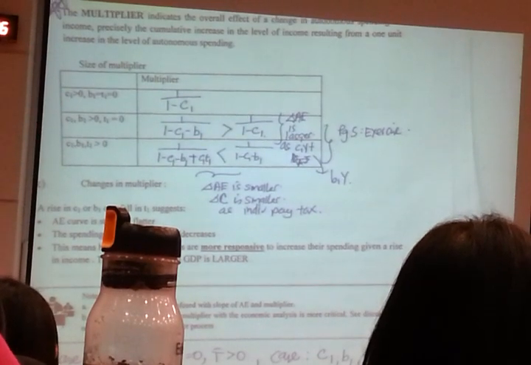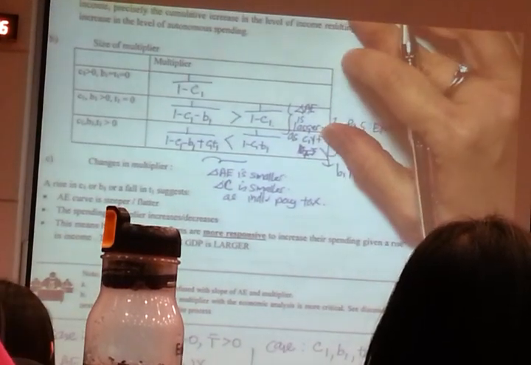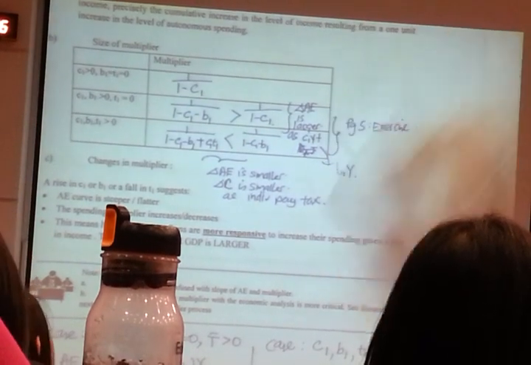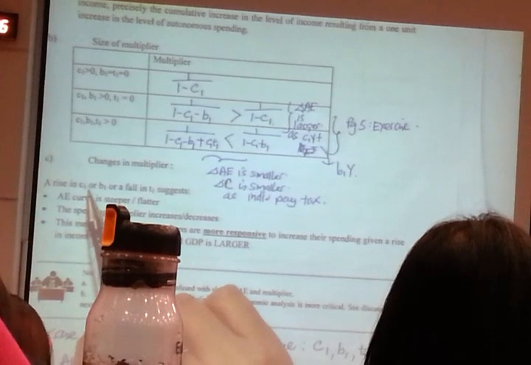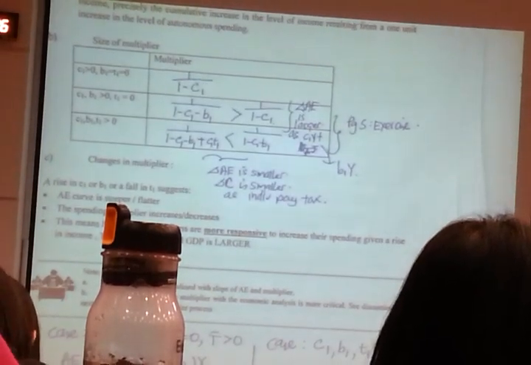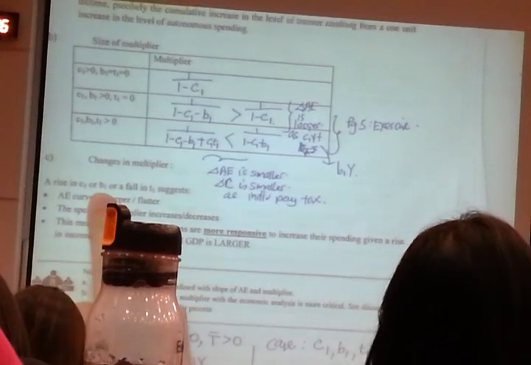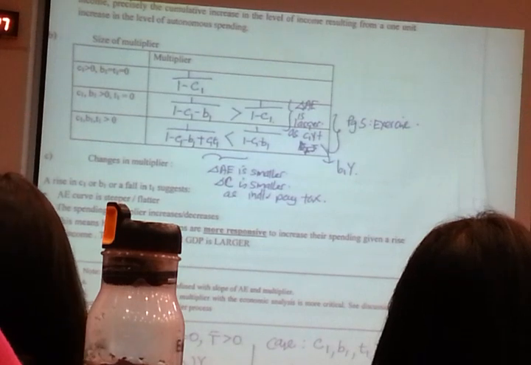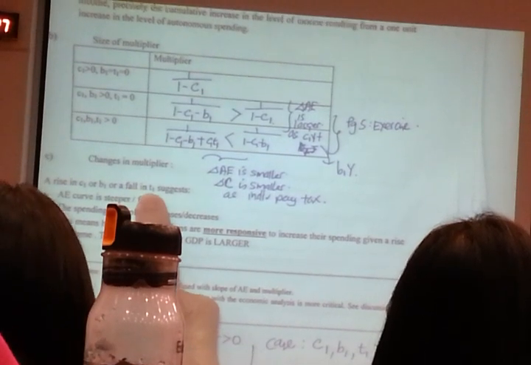Okay, alright, so in summary, what we see from point B is, at any time, if C1 were to go up, that's good. This is like what China wanted. We readily spend our income. Or B1 goes up, which is good. You want firms to readily buy capital goods. Or government cuts income tax.